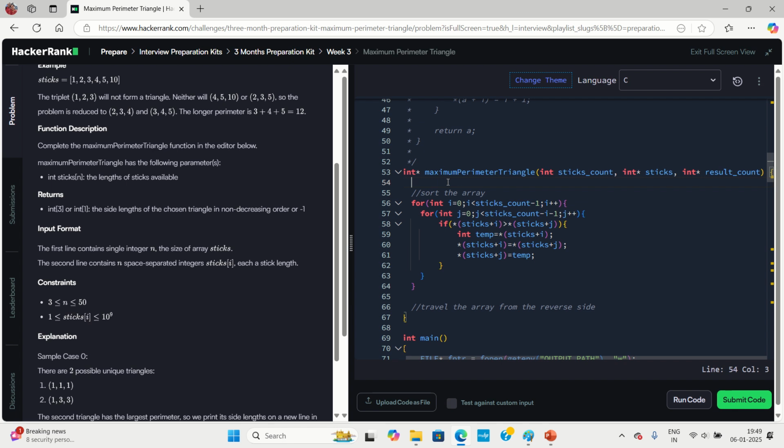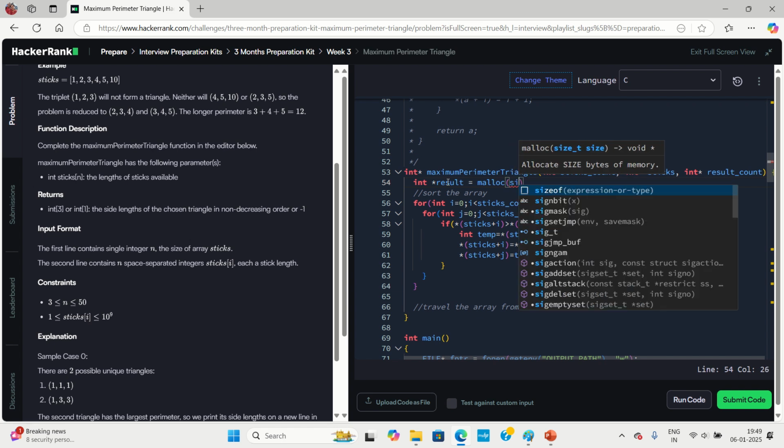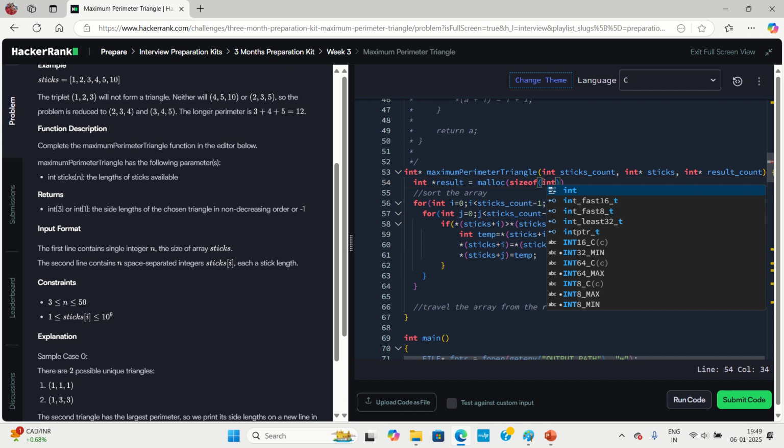So let us take an array, say int result, is equal to malloc size of int into 3, 3 only, because we are going to take 3 sides only for a triangle, so obviously 3.